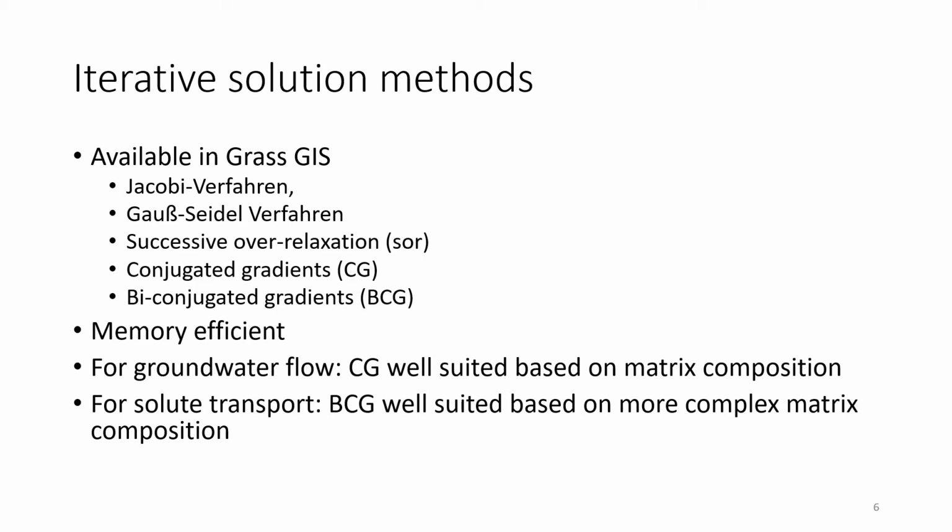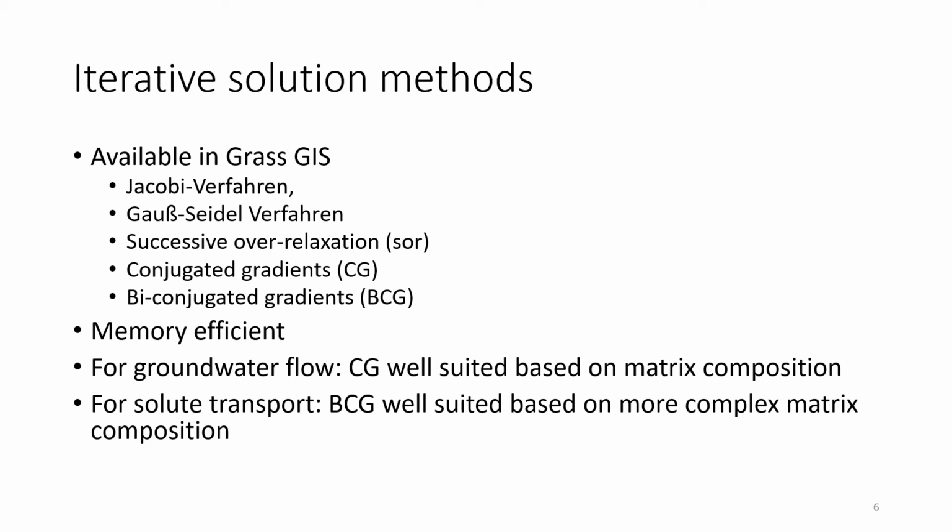Then the groundwater flow module in GRASS GIS usually applies iterative solution methods. There are a couple of solvers implemented, depending on whether you just have the groundwater flow module or have that coupled to solute transport. The iterative solution methods have the benefit that they are memory efficient, and the standard application, which is also the most recommended one, is the method of conjugate gradients, because it is based on matrix decomposition and is very well suited for the kind of linear system of equations you get from the groundwater flow equations.